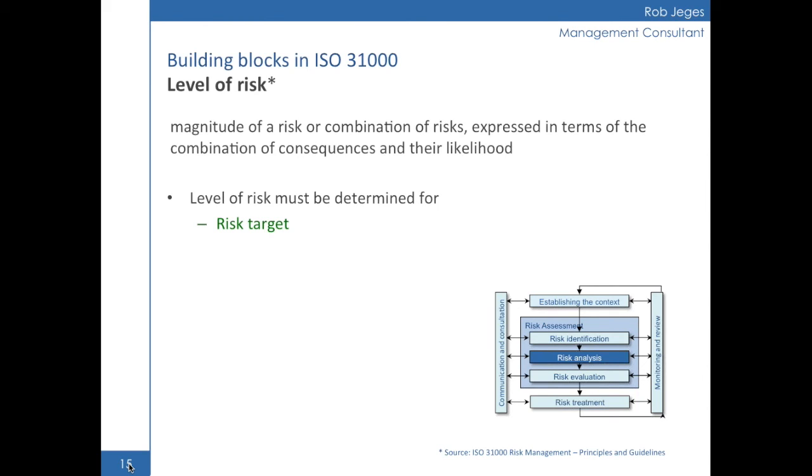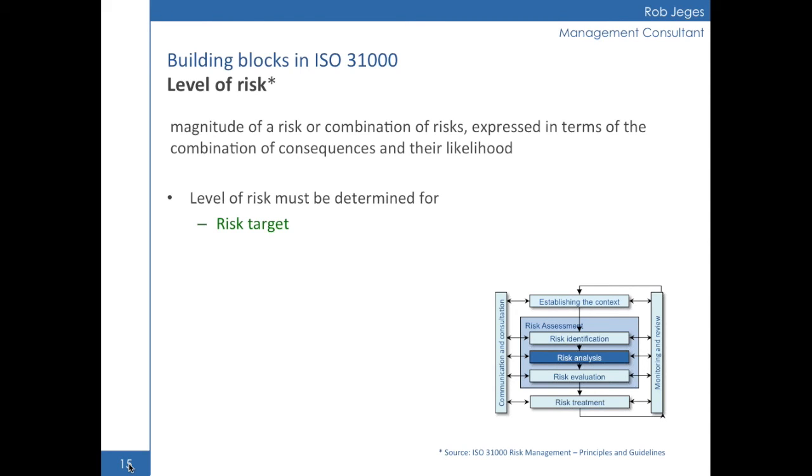The other thing to remember is that there should be as many levels of risk determinations as risk criteria are defined. So this is not a single number, it's a collection of parameters that will describe risk.